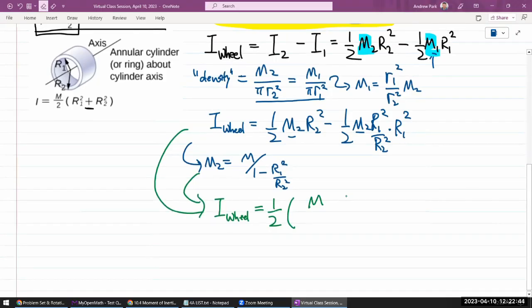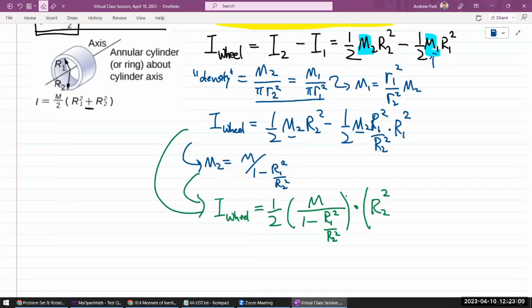So it's going to be M divided by 1 minus r1 squared over r2 squared, times the rest of the stuff that didn't get factored out, which is r2 squared minus r1 squared times another r1 squared over r2 squared.